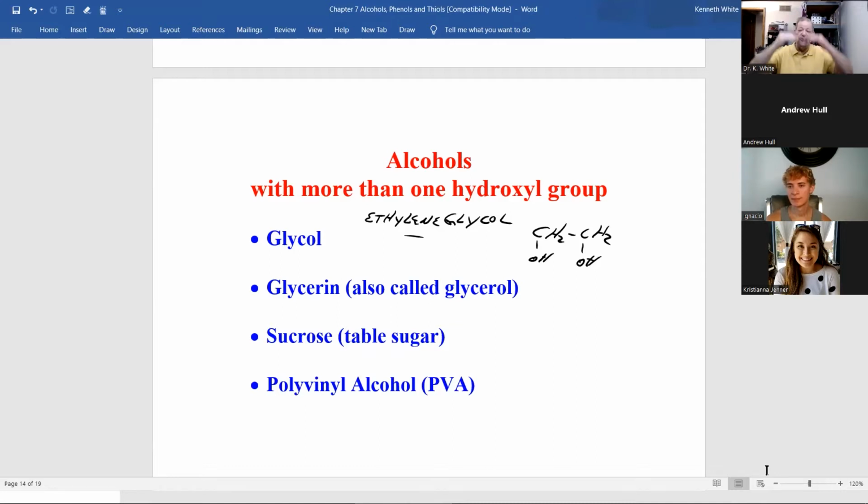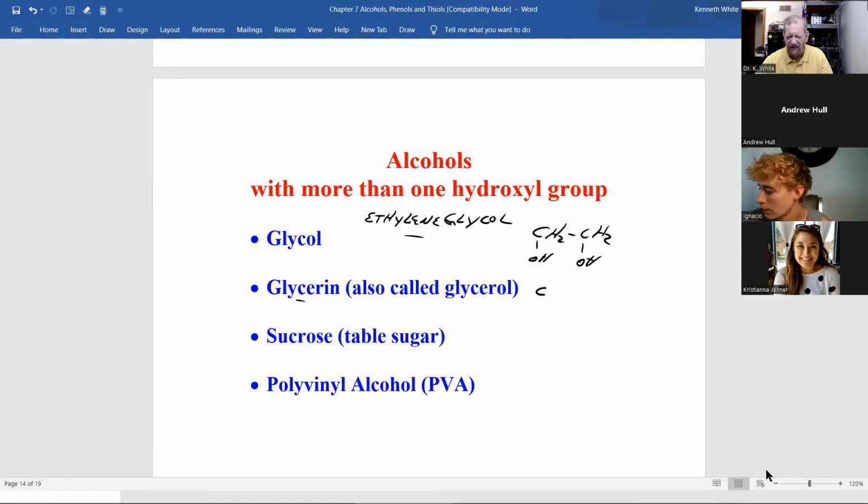And the same thing, the boiling point goes higher. So in the summer, if you just had water in your radiator, it would start boiling. With an ethylene glycol and water mixture, it's a lot higher. Now, there's another molecule called glycerin, also called glycerol.